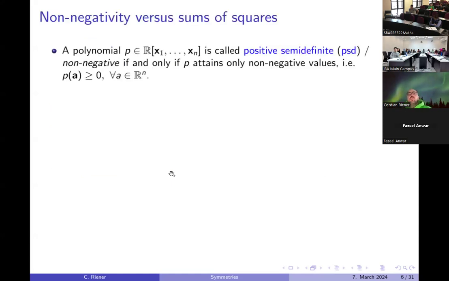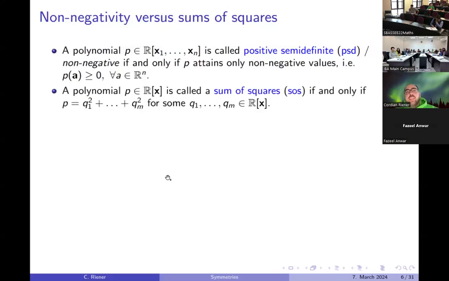But it opens the door for something that connects a little bit more to algebra. I call a polynomial positive semi-definite, if it's homogeneous, maybe for forms, or non-negative, if and only if it attains only non-negative values. So whenever I put in a point, I have a non-negative number. Okay, obvious. But that's nothing new.